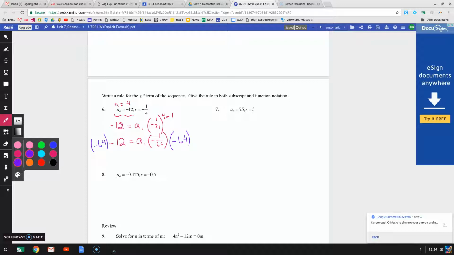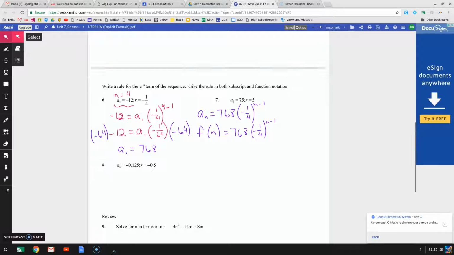And I find that my a sub 1 value is 768. Now that I know my a sub 1 value, I can plug this into my a sub n formula. So a sub n equals 768 times -1/4 to the power of n minus 1. In function notation, f of n equals 768 times -1/4, again, to the n minus 1 power.